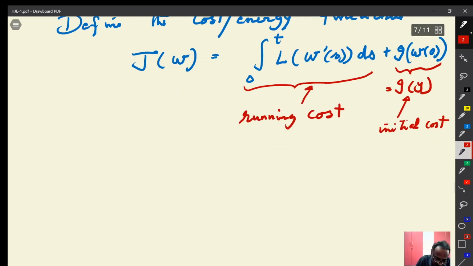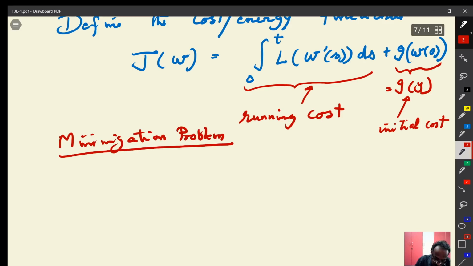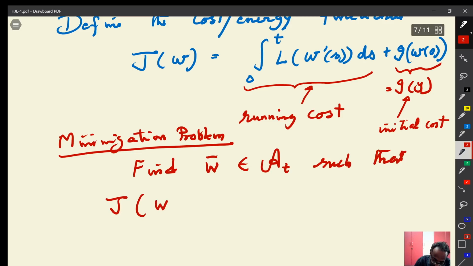So what is your minimization problem? Find W bar in A_t such that J of W bar is equal to the minimum of J of W, where W is in A_t.